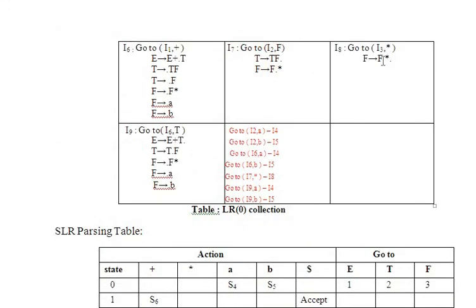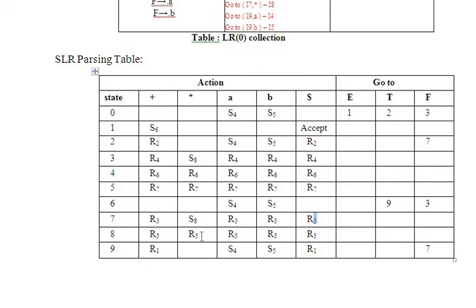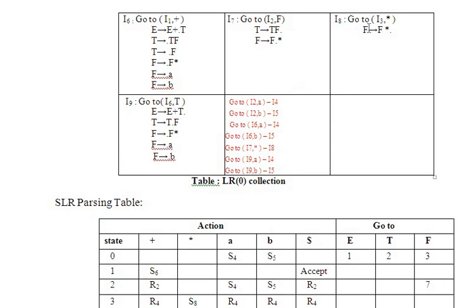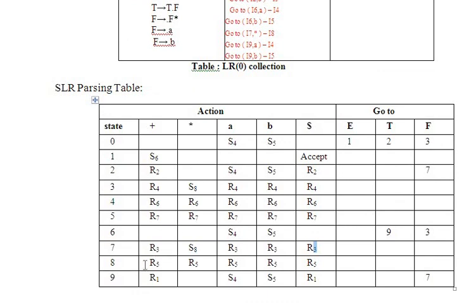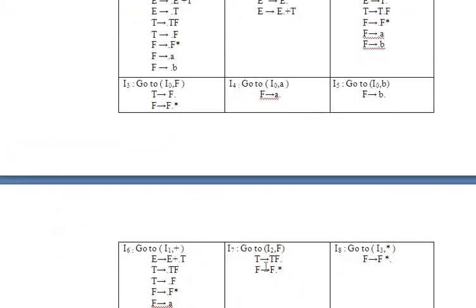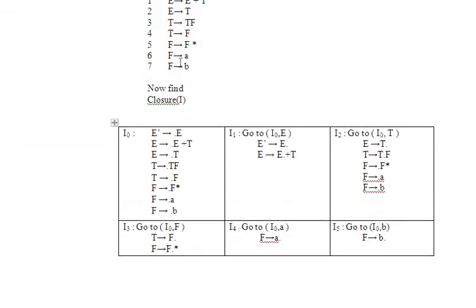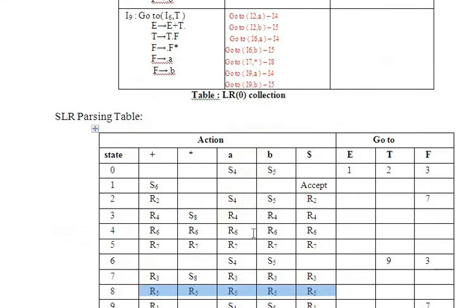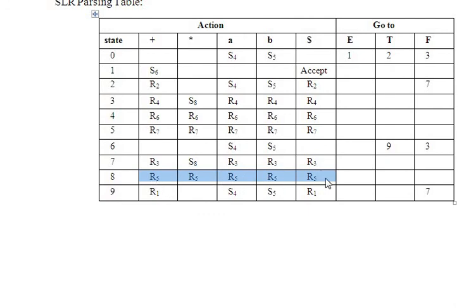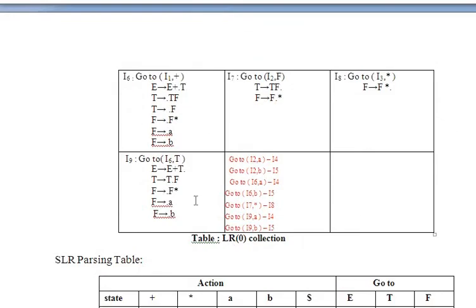Next, F gives F star dot is a complete production at the 8th row. So in the 8th row, find the follow of F, which is plus, star, A, B and dollar. So in plus, star, A, B and dollar, you have to do the reduce entry. F gives F star is at position 5, so R5. Next is E gives E plus T dot at the 9th row.